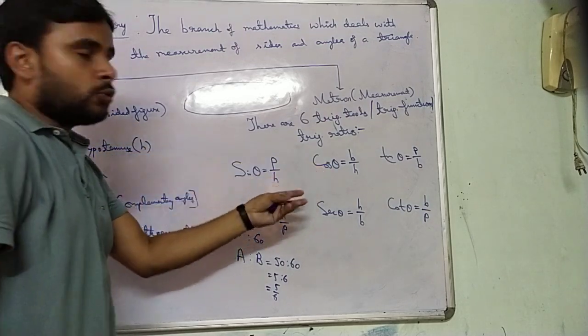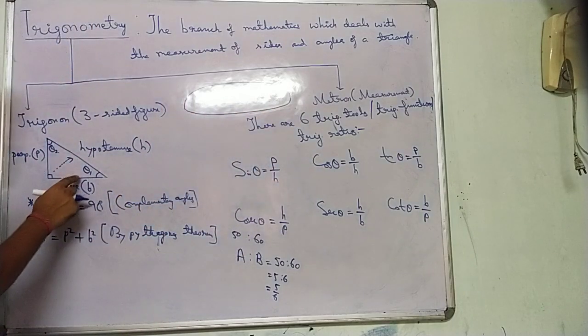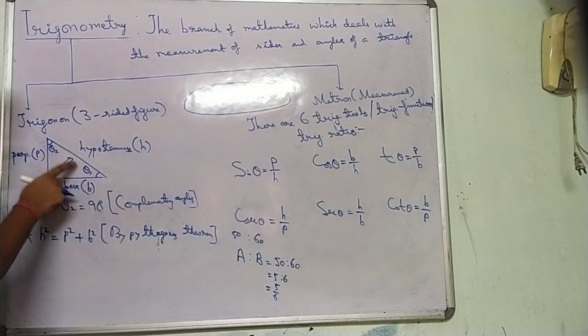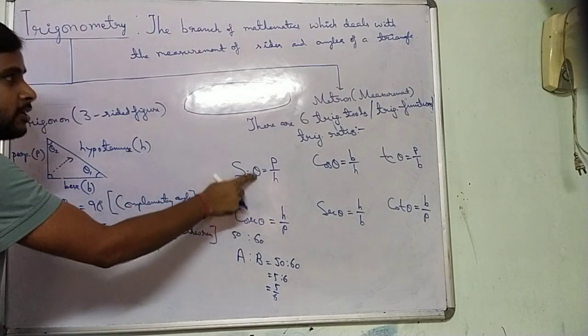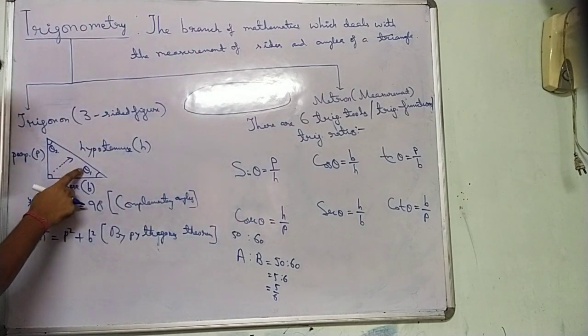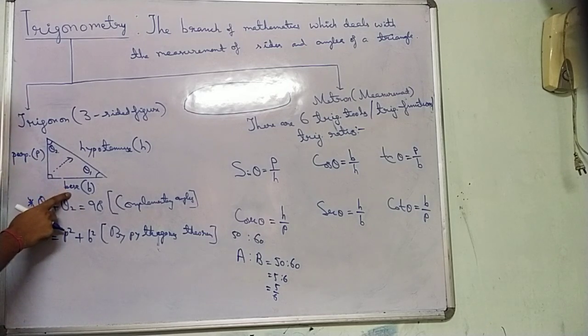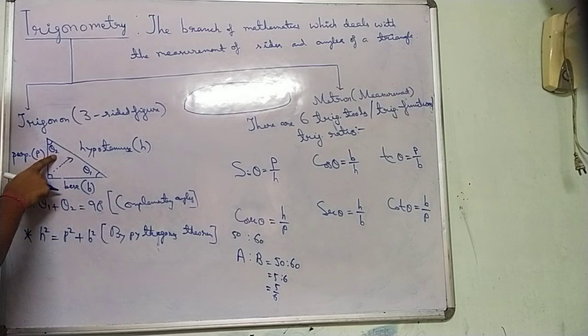Similarly, I said initially that it depends on the reference angle. Suppose I am taking this as the reference angle in the place of theta for the measurement, then this becomes perpendicular and this side becomes base. If I take this as the reference angle, then this becomes perpendicular and this becomes base.